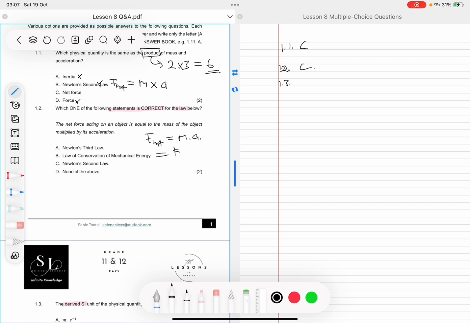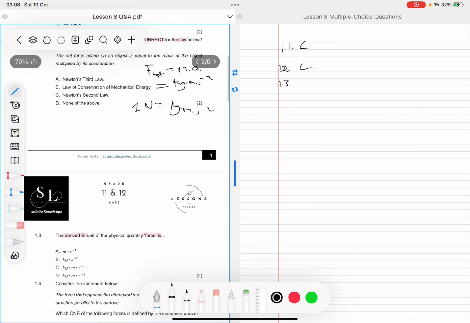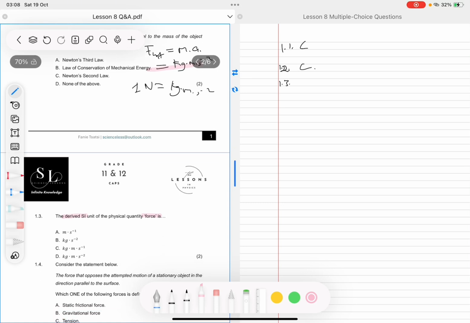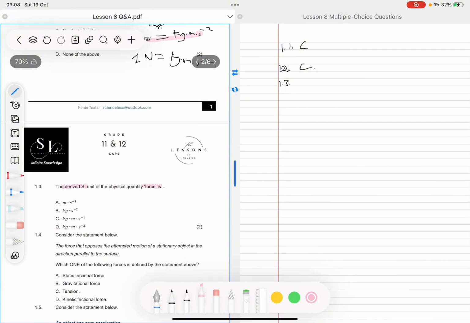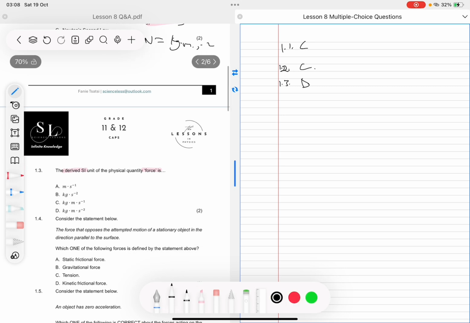If I put the SI unit for mass is kg, and for acceleration is meters per second squared, we said that the SI unit for a force is a Newton, and that 1 Newton is the same as kilogram meters per second squared. Even if here I've just done it with a net force, remember that a force and a net force are different, but they have the same SI unit. So our answer here has to be D, because we have kilogram meters per second squared.